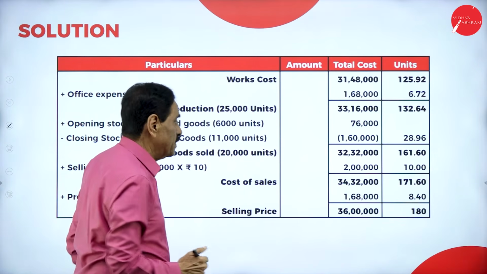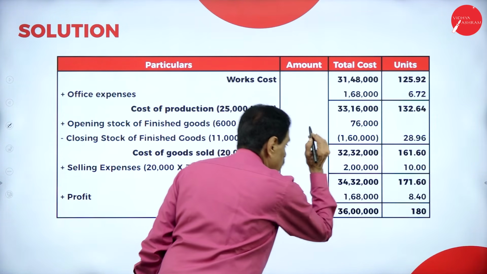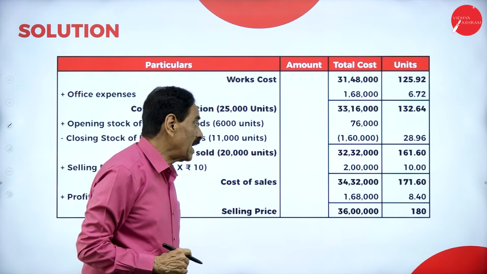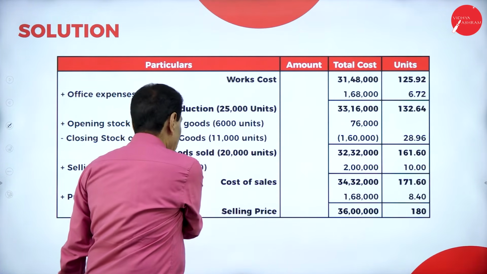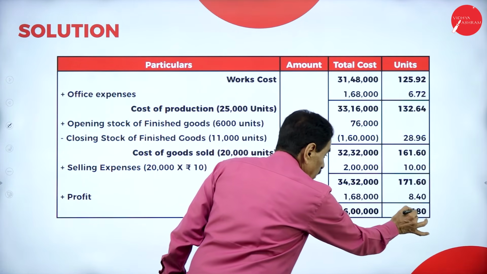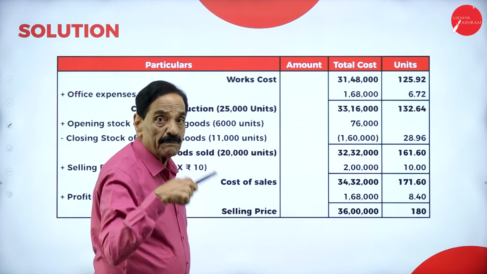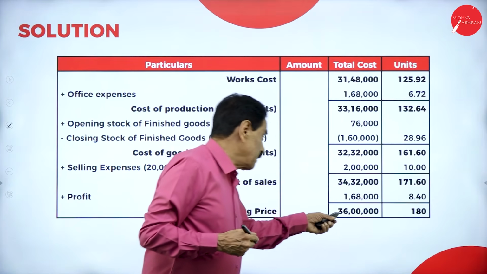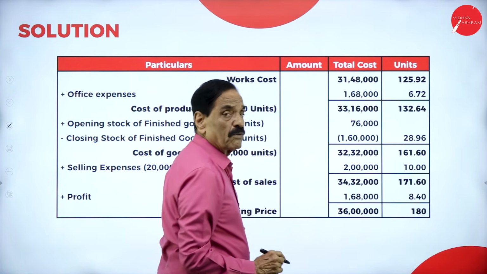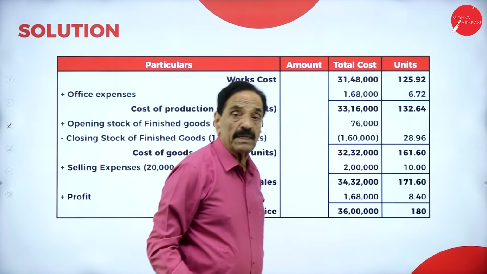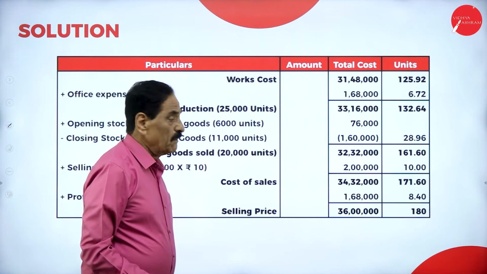Add selling expenses per unit 10, it becomes 2 lakh. It becomes 34 lakh 32,000, 171.60. They have given the selling price per unit 180 multiplied by 20,000, it becomes 36 lakh. If we deduct now, 1 lakh 68,000 is the profit, and profit per unit becomes 8 rupees 40 paisa.